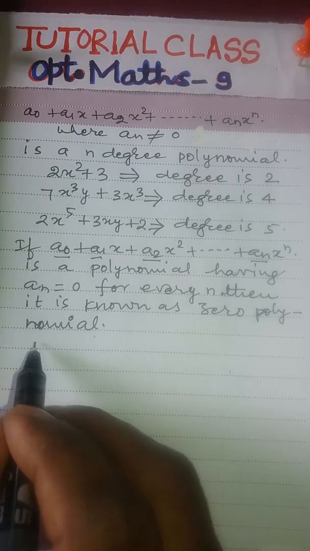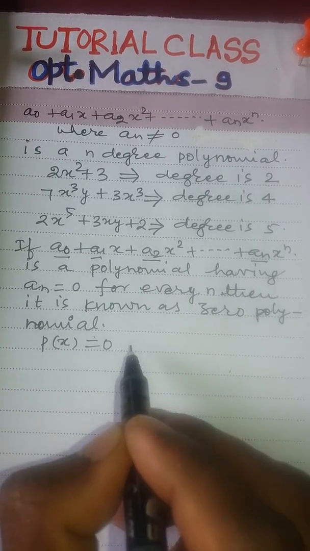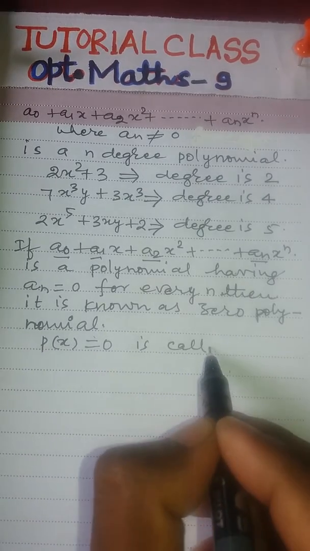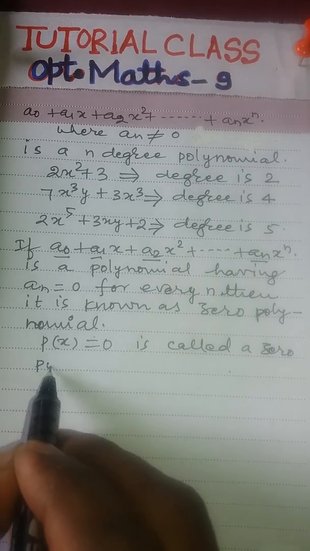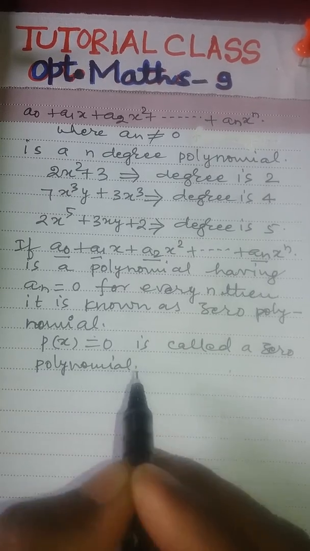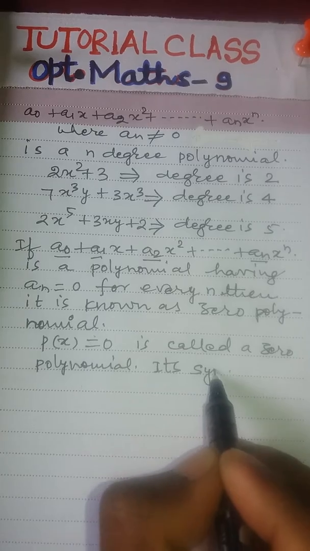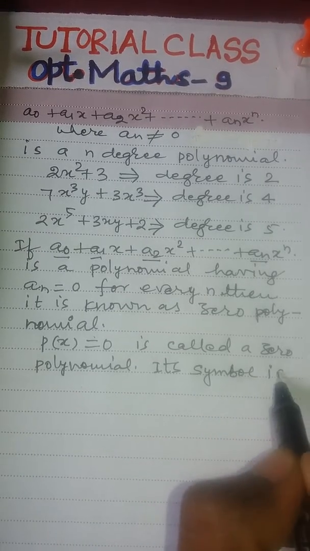For example, if here we write p(x) equals 0, it is called a zero polynomial, and its symbol is 0.